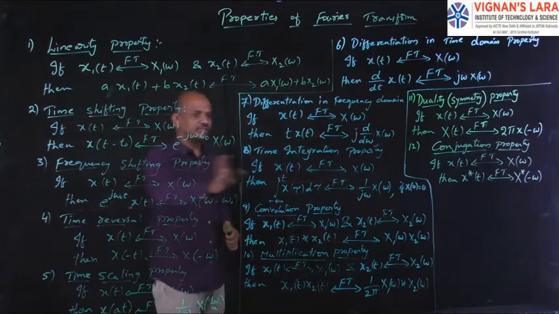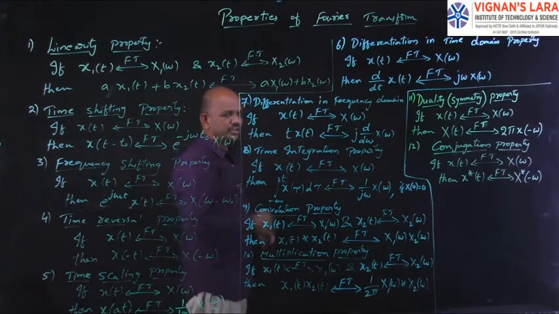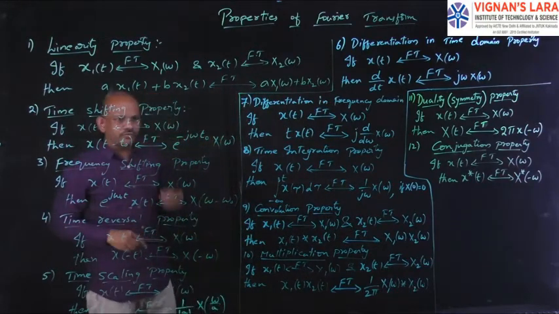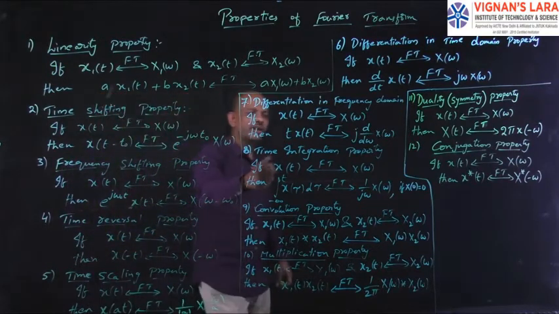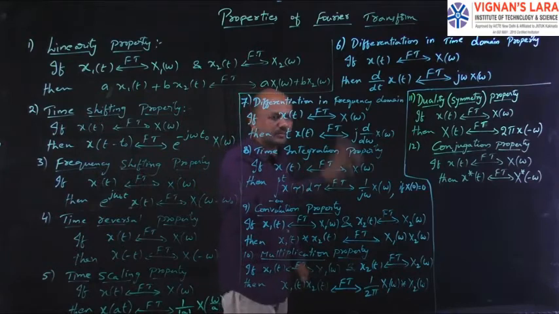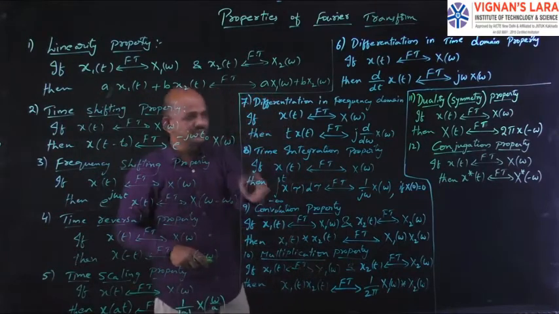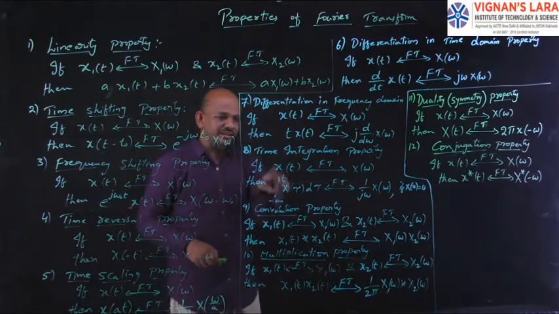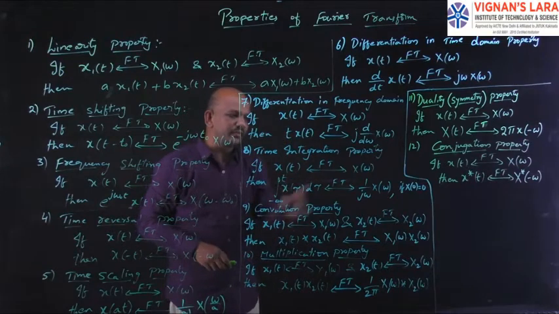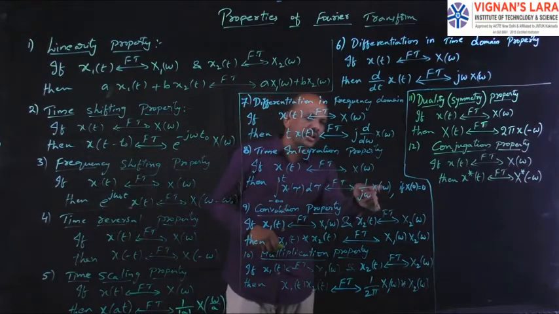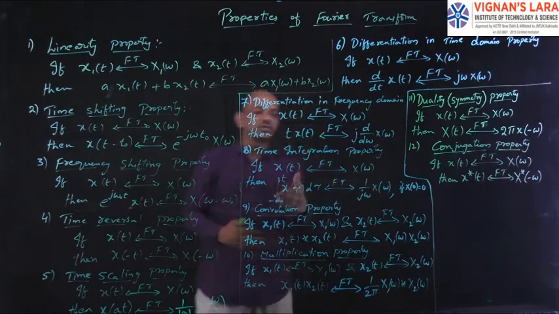See, in time integration property I can perform the integration on a single signal. Hence I have taken only one signal. If x of t is having a Fourier transform x of omega, then integral x of t dt will have a Fourier transform 1 by j omega into x of omega. You can write simply like this, or if you want to write it exactly, then you have to apply the limits.